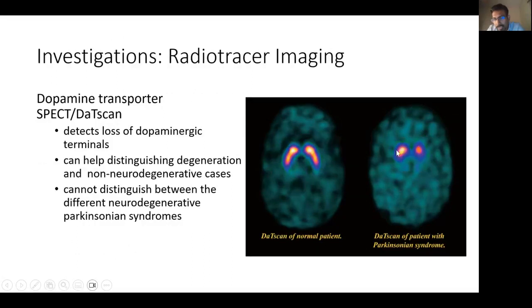As we can see, there is bilateral involvement, but slightly asymmetric, which we see in Parkinson's disease. Here the left side is more affected, so this gentleman will have Parkinsonism more evident, more obvious on the right side.